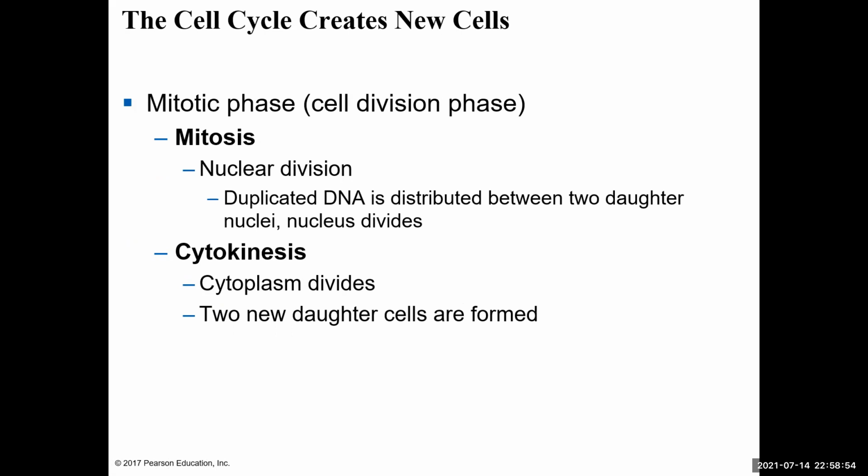This is where the nucleus will be divided, and the duplicated DNA is distributed evenly into the two daughter cells. The nucleus divides, and then cytokinesis happens. Cytokinesis is a division of the cytoplasm, which ultimately forms two new daughter cells. And so at the end of mitosis, you have two daughter cells that are genetically identical, so they are exactly the same.